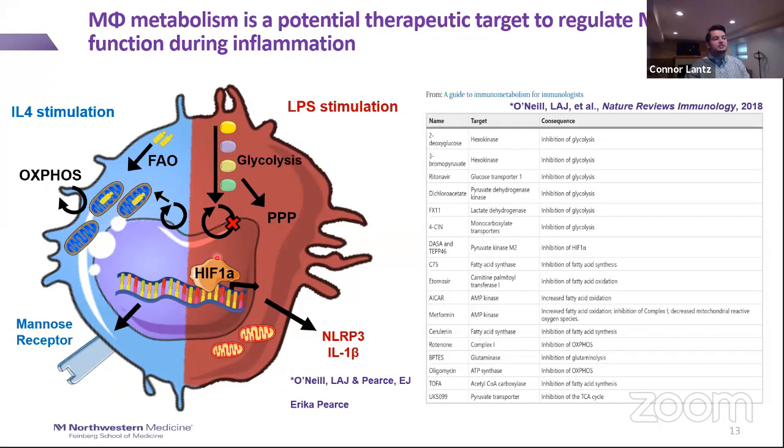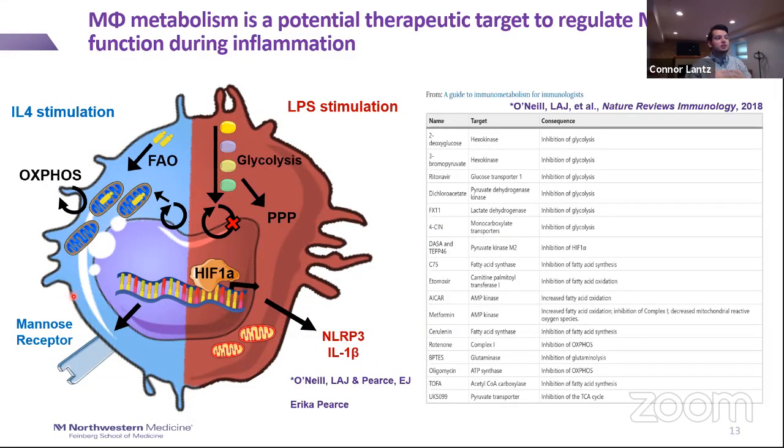And this leads to the expression of HIF-1 alpha target genes, which drives inflammasome production and the production of inflammatory cytokines. On the other hand, alternatively activated macrophages stimulated with IL-4 increase pathways such as fatty acid oxidation and oxidative phosphorylation. And this drives expression of the mannose receptor, a canonical marker of alternative activation.